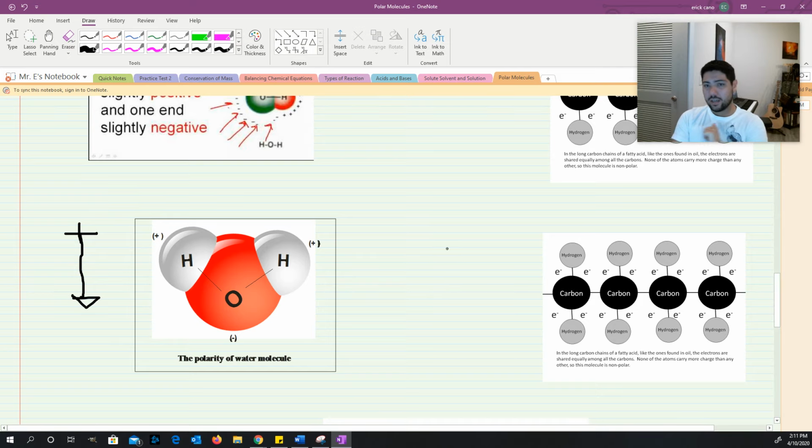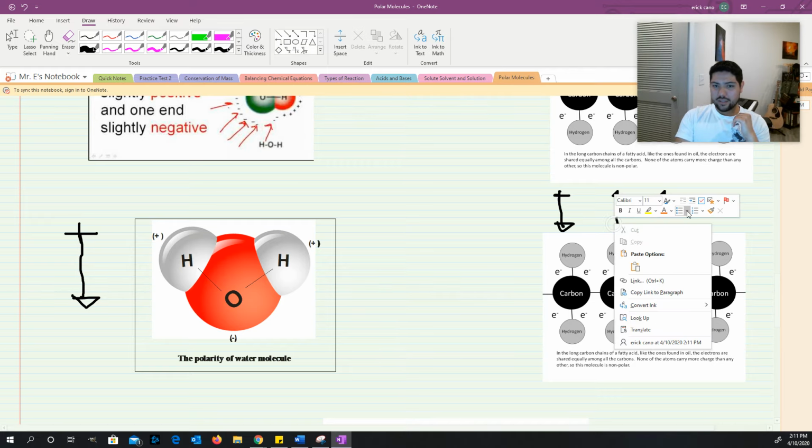Versus the right side, which is non-polar. Well, we know that hydrogen is already positive, so we've got all these little positives up here. And now we know that carbon has a little negative. So as we go from the hydrogen to the carbon, it starts to get negative. They all do.